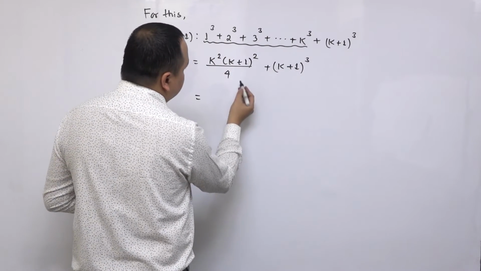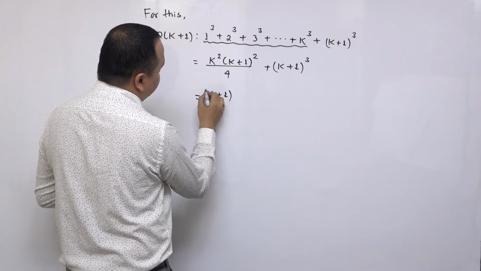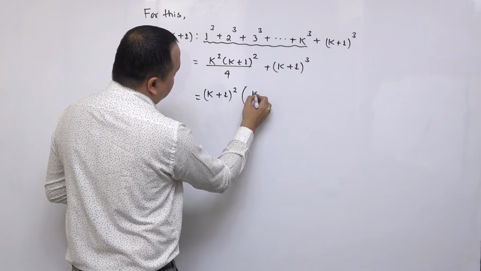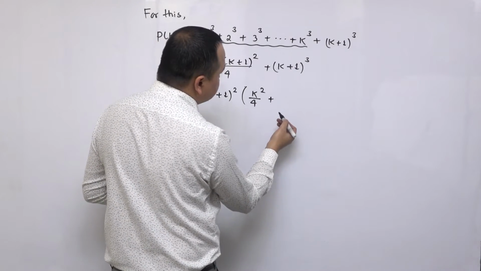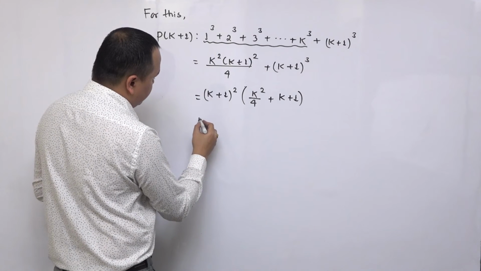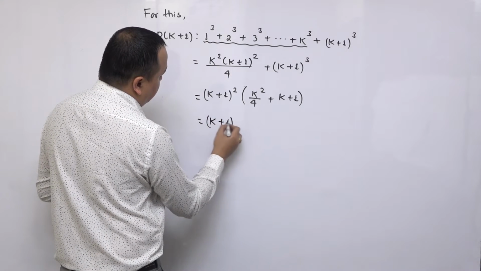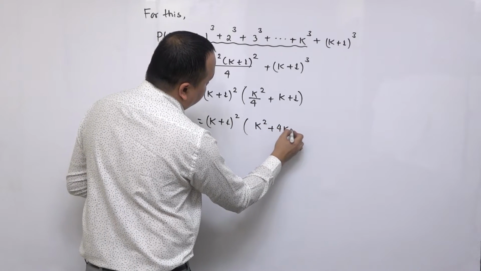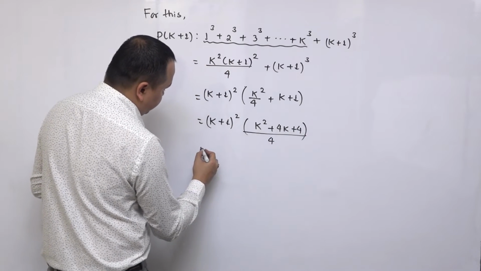Here k plus 1 whole square is common, then k plus 1 whole square times k square divided by 4 plus k plus 1, which is k plus 1 whole square times k square plus 4k plus 4 whole upon 4.